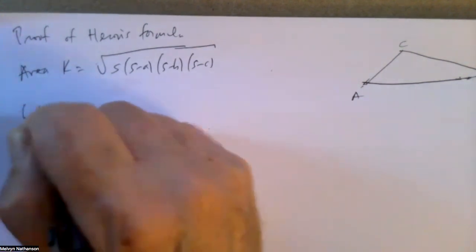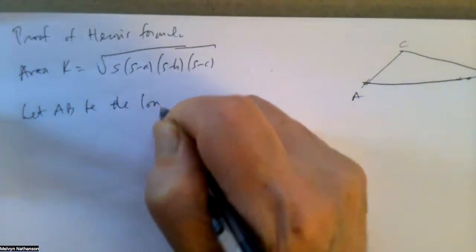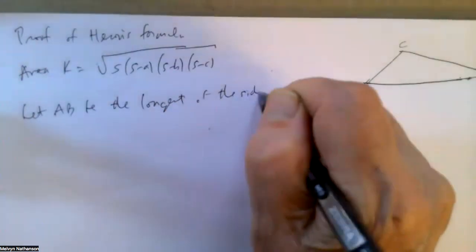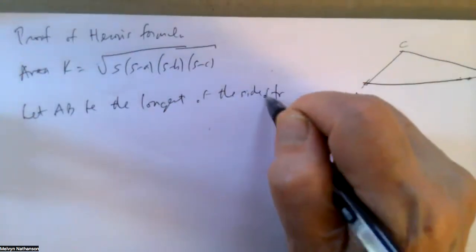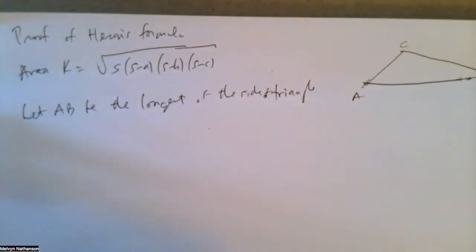So suppose we just let AB be the longest side of the triangle. That is, neither of the other two sides is strictly bigger than AB.